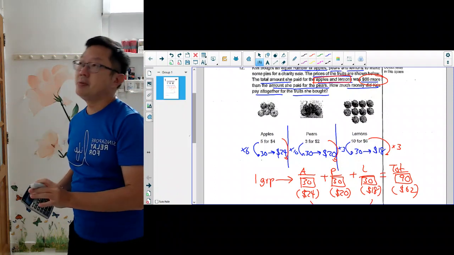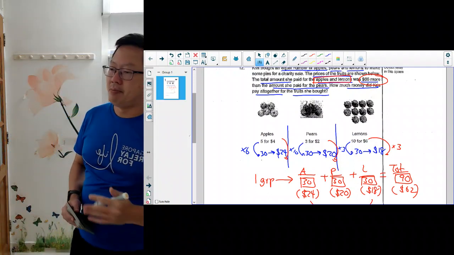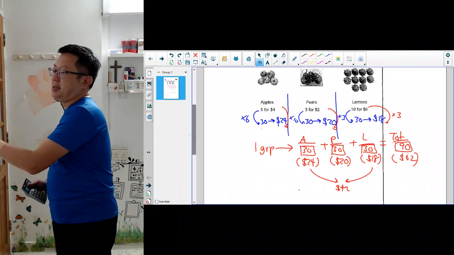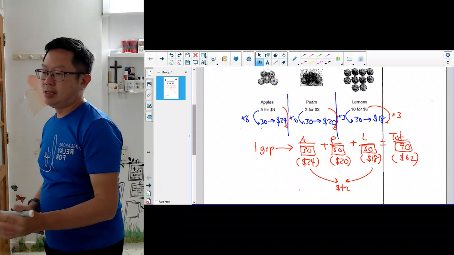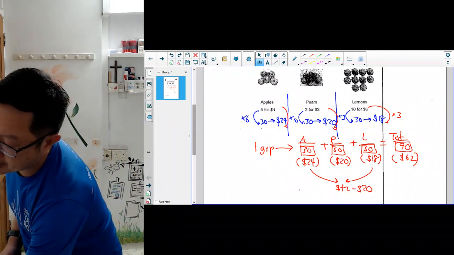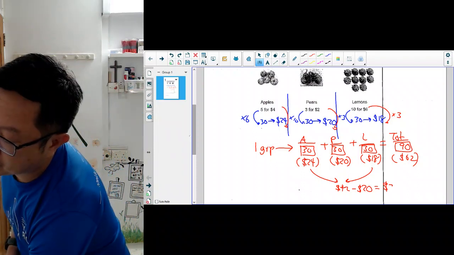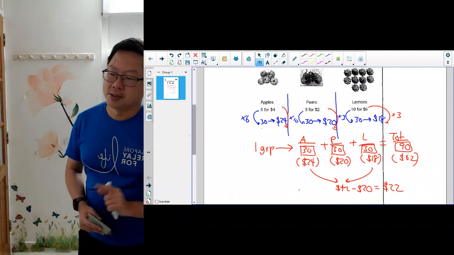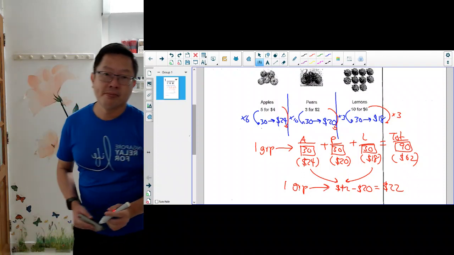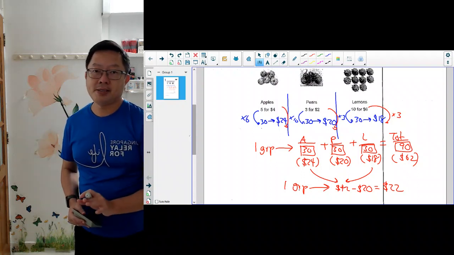So you go back to one group, look at how much all the apples and lemons are, and then compare with the pears in one group. The pears are $20 inside one group. So you take $42 minus $20, and that gives you $22 more in one group. So all the apples and lemons cost $22 more than the pears in one group.